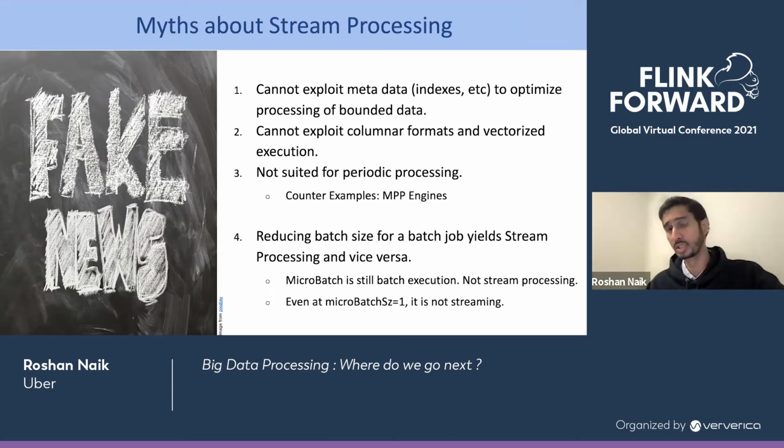So clearly, these are not limitations of stream processing. Another myth is that if you reduce the batch size for a batch job, then you get stream processing. But regardless of how small you get with the batch size, microbatching will never be streaming just because it's never pipeline execution. So even at microbatch size equal to 1, it's still not streaming.